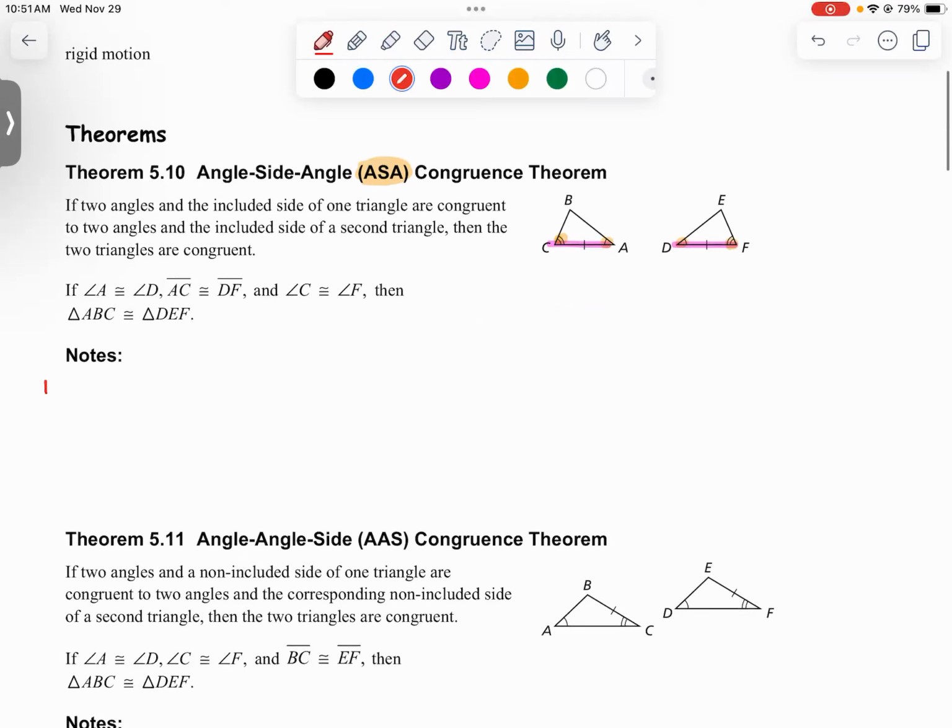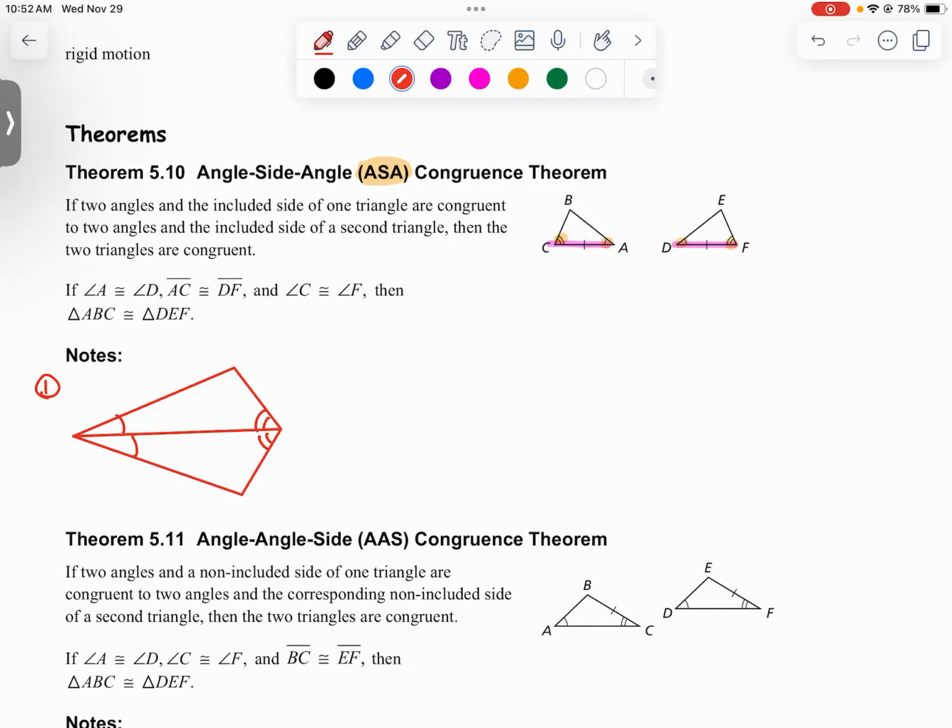So I would like you to draw this with me. Okay, are these two triangles congruent?